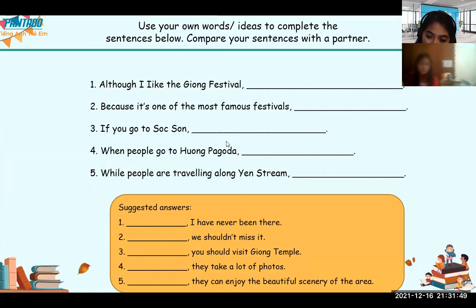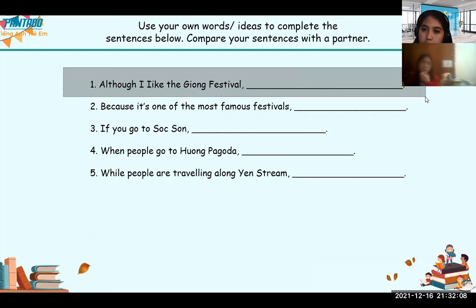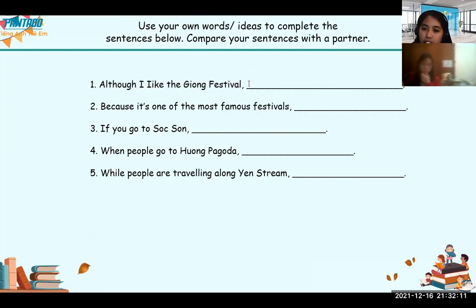Although I like the Giong festival, I have never been there. Okay, for example, this one. Although I like the Giong festival, I had never been there. Okay. So this is my answer for number 1.